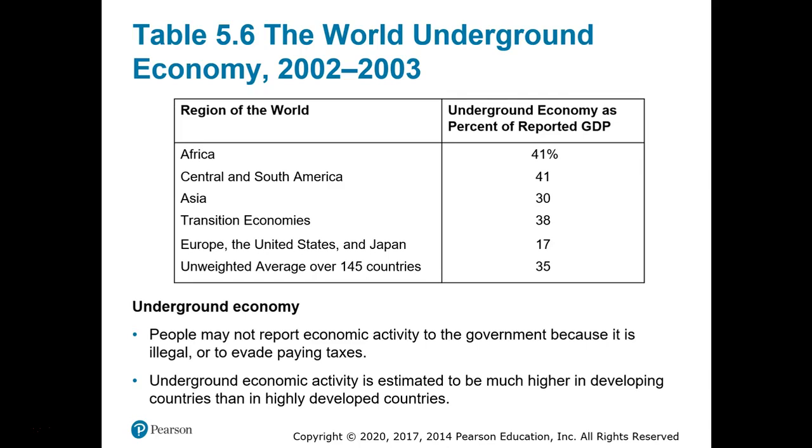So this underground economy is typically things where we're working, making money, but we don't necessarily report it on our taxes. So it may be illegal, or it could be that we're evading having to pay on money like tips.